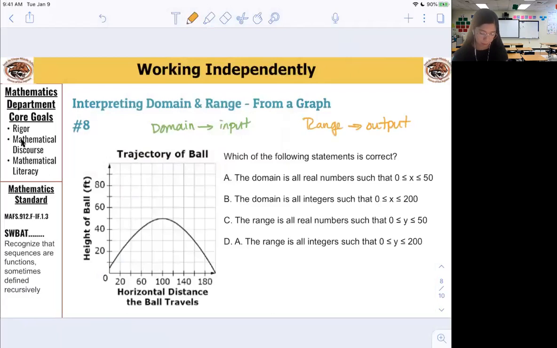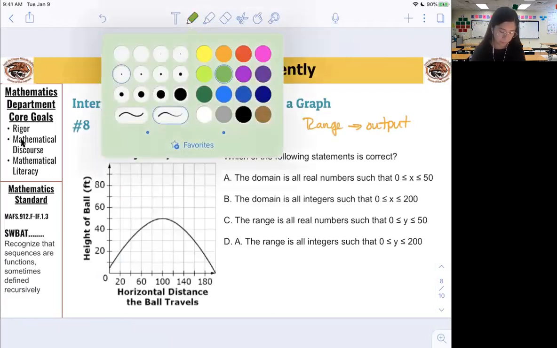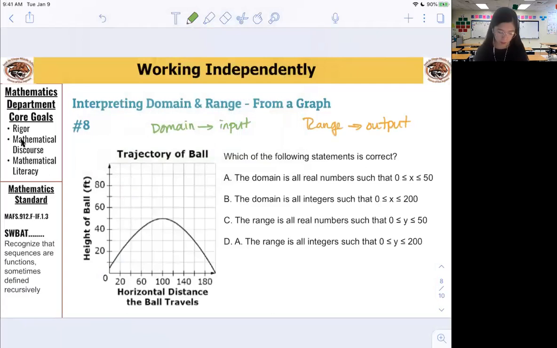So I have a mix and match of answers here, so I'm going to start by looking at my domain. Since my domain is my input values, it's talking about the x-axis, the horizontal distance. So I always have to think, what is the smallest amount? What is the biggest amount? What's the smallest horizontal distance? Well, it starts at 0. It starts at 0 feet.